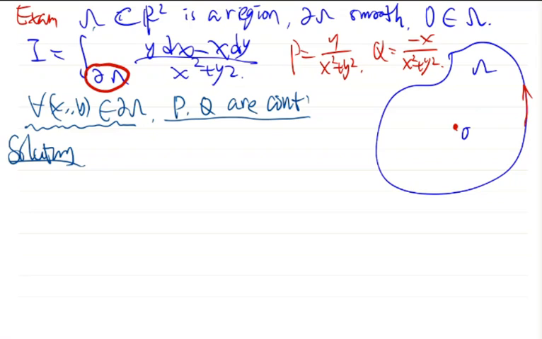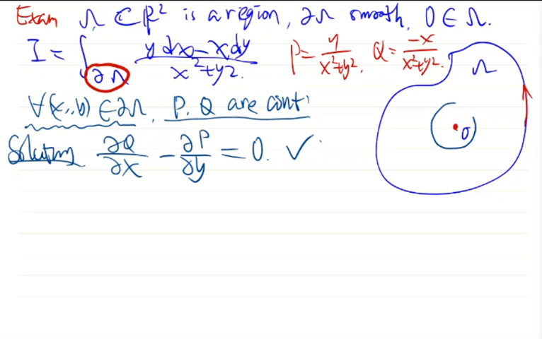The computation tells us that the partial derivative of Q with respect to x minus the partial derivative of P with respect to y is 0. This is the first step. But to apply the Green formula, since P and Q are singular at the origin, we need to remove a small disk around the origin, of radius epsilon, let it be contained in omega.